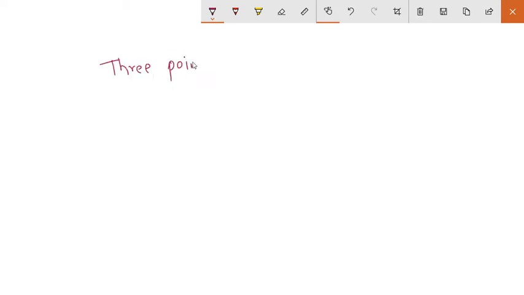Today we are going to discuss the 3-point test cross. A 3-point test cross means that three genes are taken into consideration.